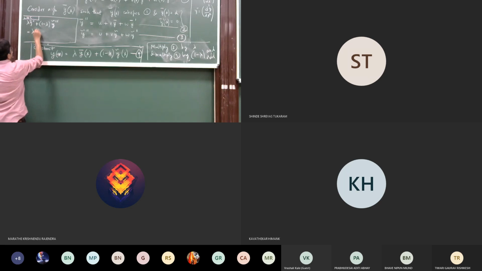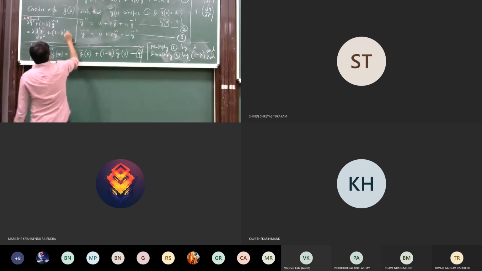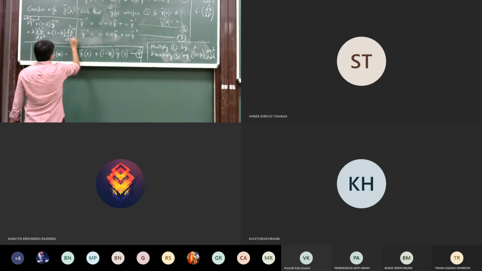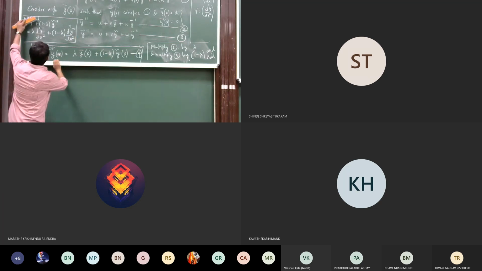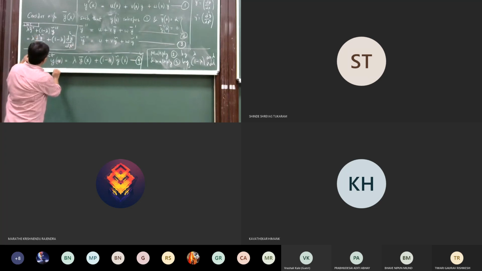That means if I write down explicitly, this is nothing but lambda del square y bar del x square plus 1 minus lambda del square y tilde del x square. Okay. And because it's a linear operator, I could have taken this out and written it in this fashion.